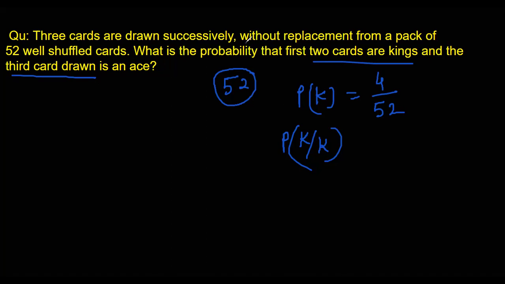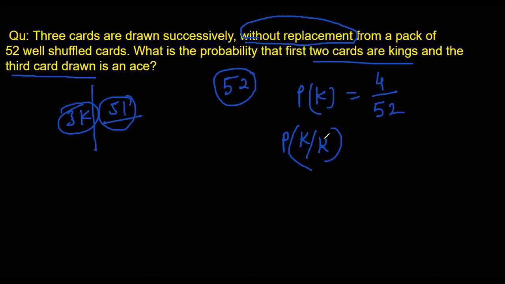Without replacement means if we draw the first card as a king, we will not replace it. Now I have three kings and all the rest of the cards, so the total number of cards is 51. Out of 51, 3 are favorable. So P(K|K) will be 3 by 51.